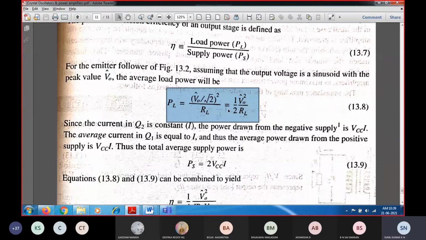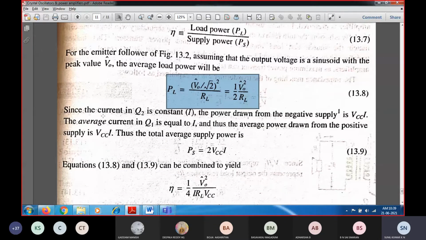Because of the AC signal, the current in the transistor Q2 is constant, because it is acting like a constant current source.